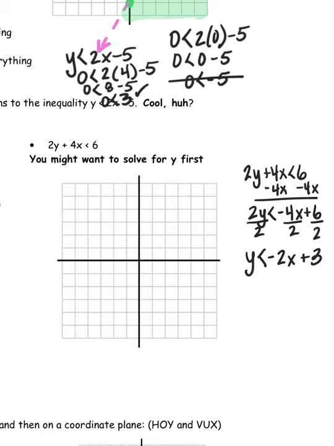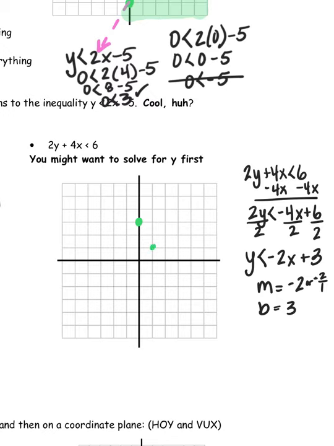All right, this is the equation I'm working with. My m is -2 or -2 over 1, and my b is 3, or my y-intercept is 3. So I'm going to start with my y-intercept and plot my slope, which is -2. I'm going to go down 2 over 1, down 2 over 1, and I'm also going to go up 2 and to the left one. I'm not going to put my line on yet.